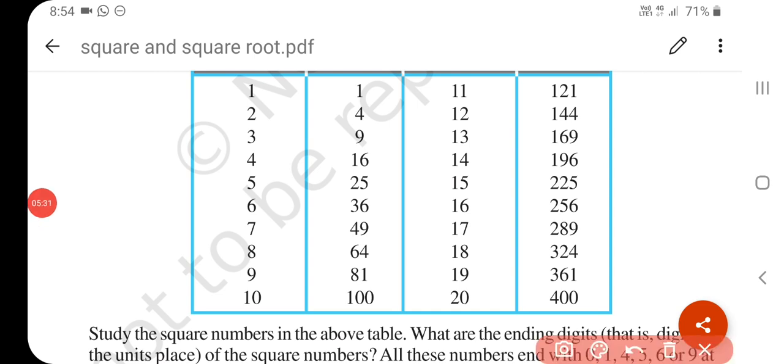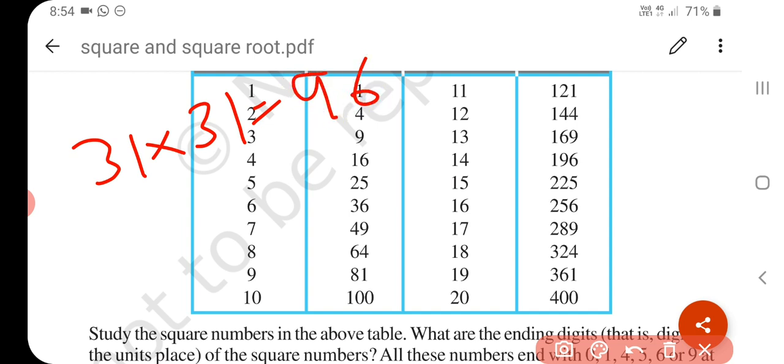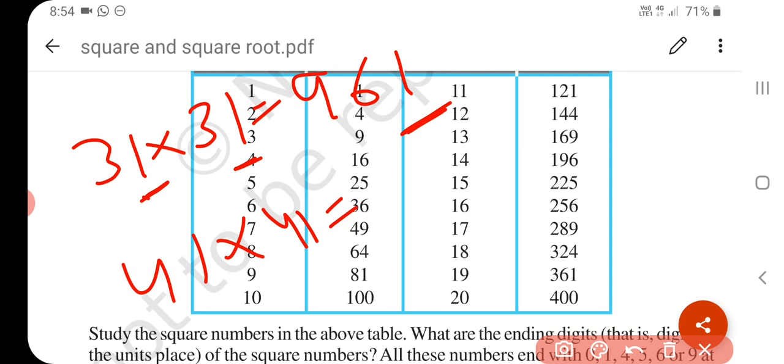Similarly, if you multiply 31 into 31, then you get 961. See here, the number 31 ends with 1, and its square also ends with 1. Similarly, if you multiply 41 into 41, what do you get? 1681.